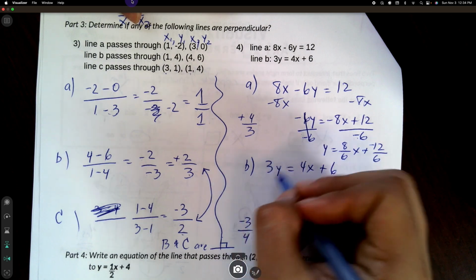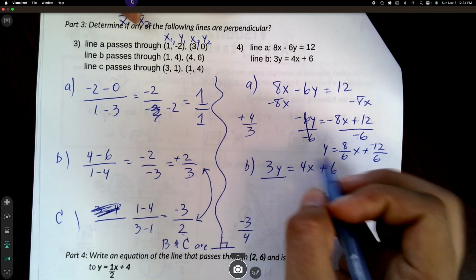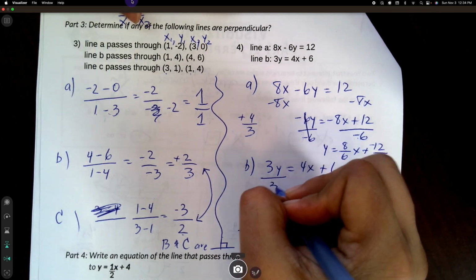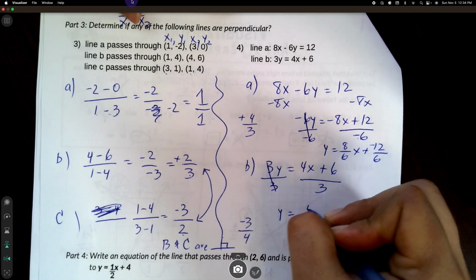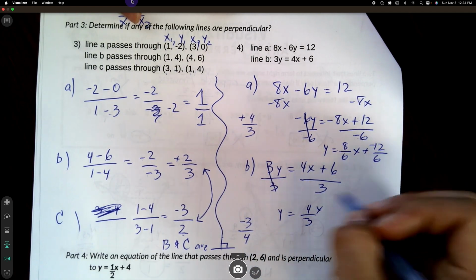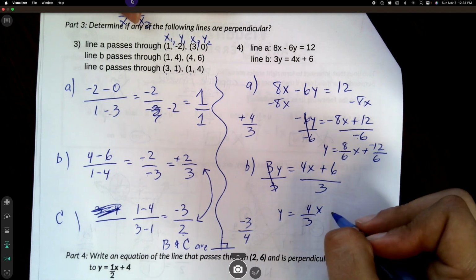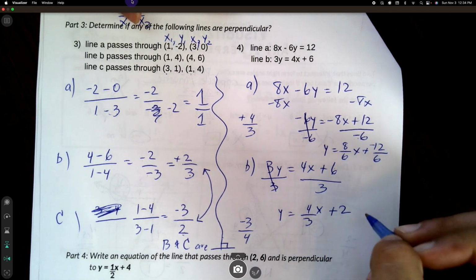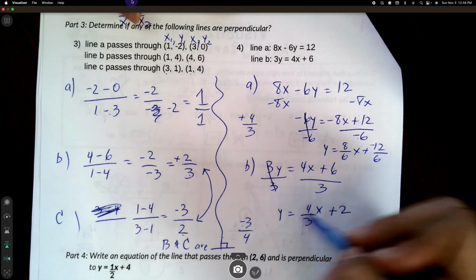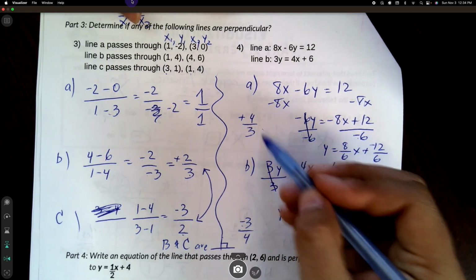All we have to do is divide both sides by 3. So we're left with y equals 4 over 3x plus 6 over 3, which is just 2. So these are not perpendicular, they're actually parallel because look, they have the same slope.